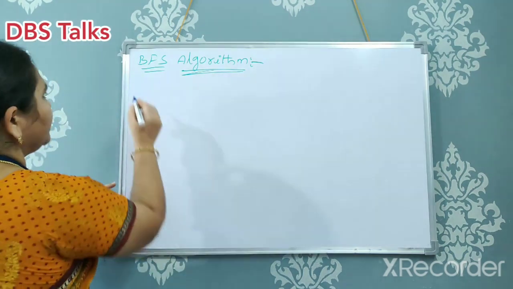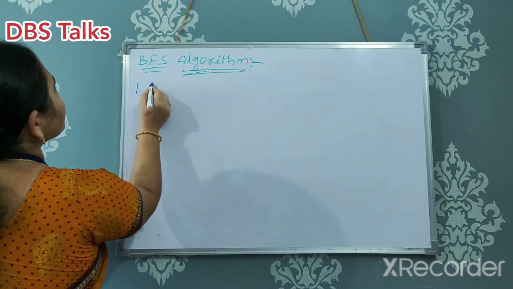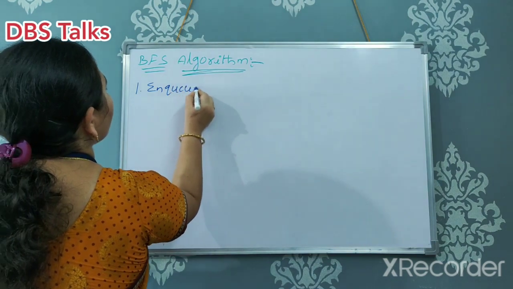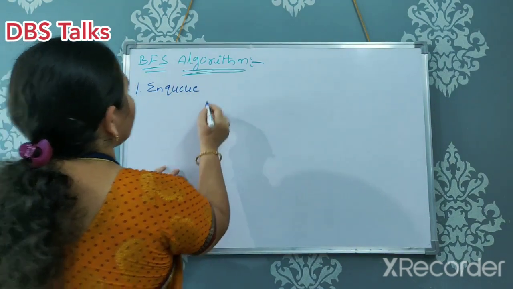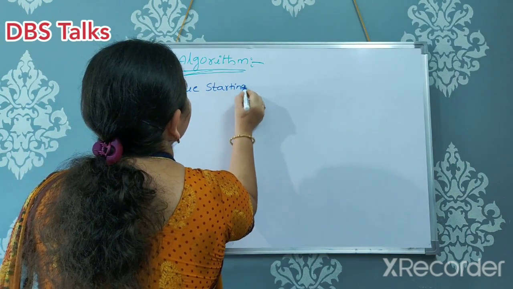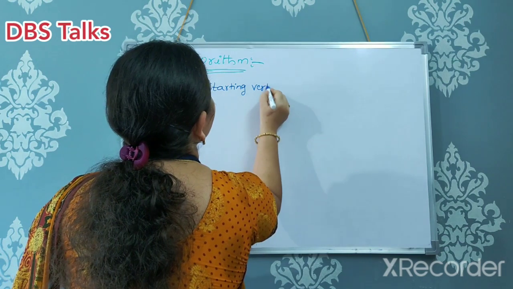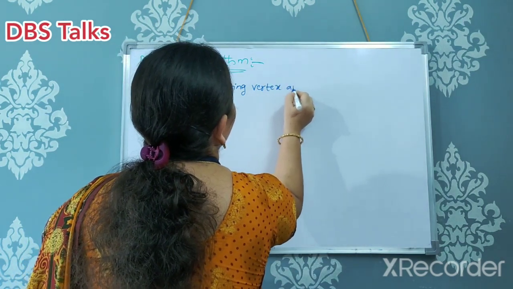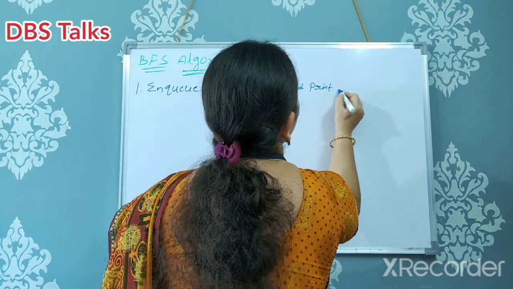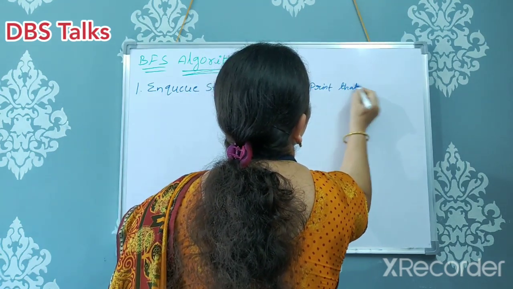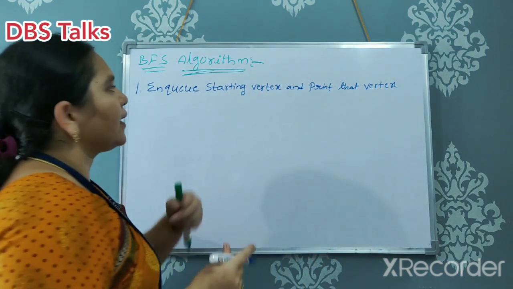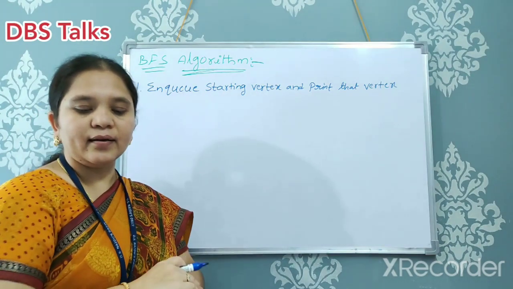The first point: NQ the starting vertex and print that vertex.